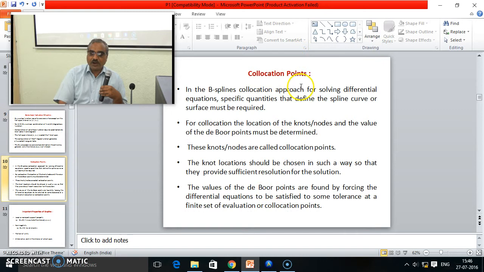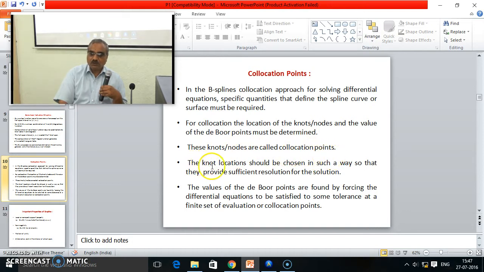Now collocation points. In the B-spline collocation approach for solving differential equations, specific quantities that define the spline curve or surface must be required. For collocation, the location of the nodes and the values of the De Boor points must be determined. These nodes are called collocation points.